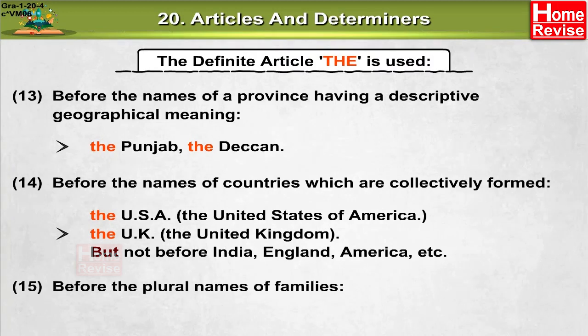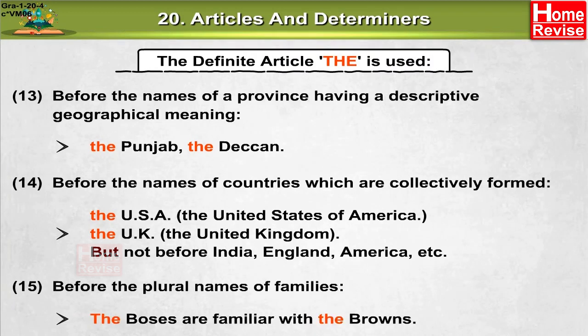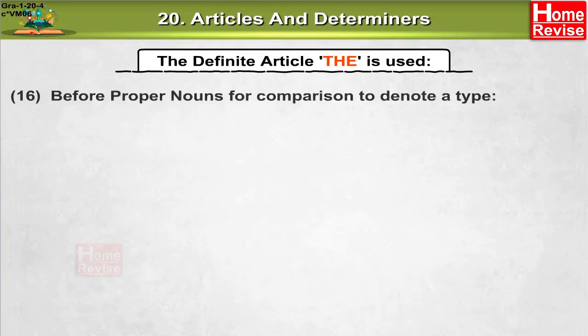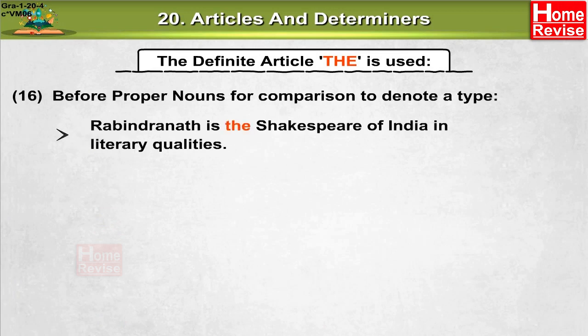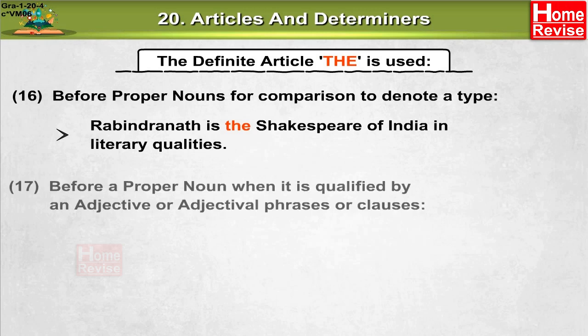Before the plural name of families. The Boses are familiar with the Browns. 16. Before proper nouns for comparison to denote a type. Rabindranath is the Shakespeare of India in literary qualities.